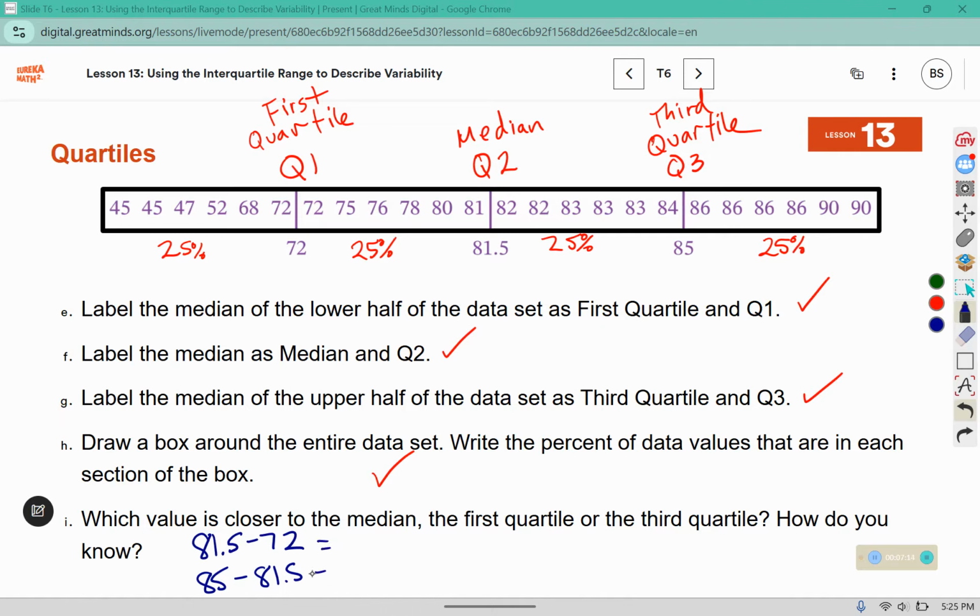How far apart are those? The first quartile and the median are 9.5 away from each other. The third quartile and the median are only 3.5 away from each other. So which value is closer? That would be the third quartile.